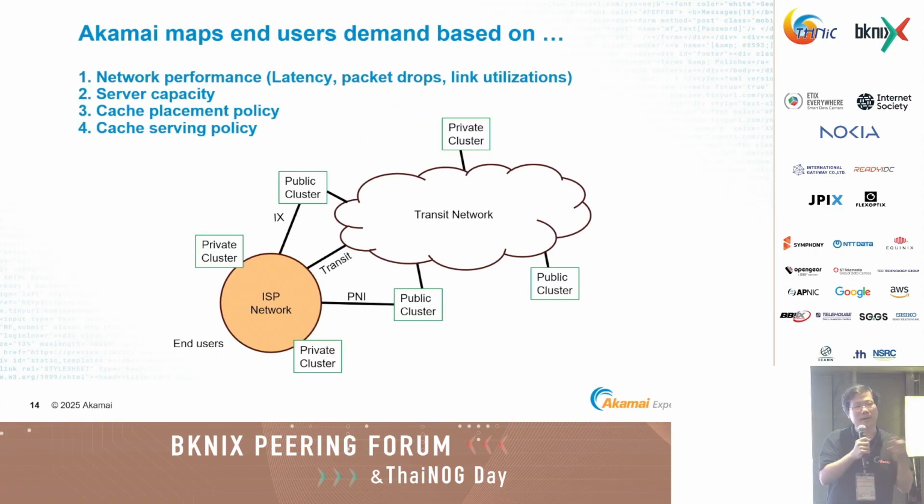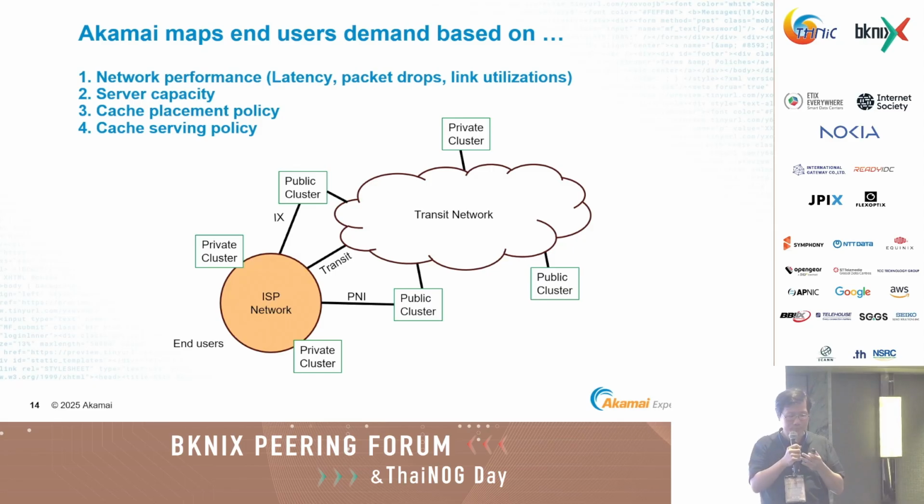Because Akamai is a performance-based CDN, we also measure the network performance. What that means is we measure the packet loss, the latency, the jitter, the link utilization. And then we also depend on the server capacity. If the server capacity is full, then we'll map the end user to another cluster. Or if the server is under maintenance, then we have to overflow the traffic to other clusters as well.